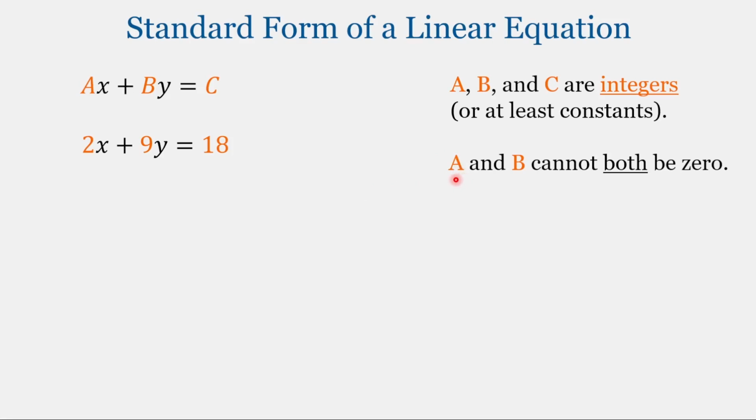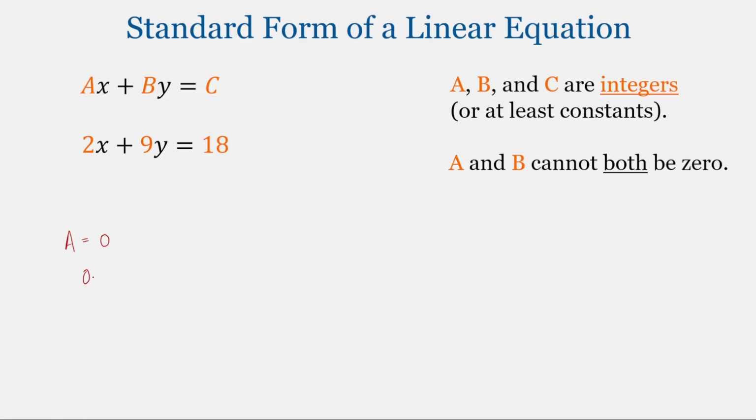Another thing with standard form is that A and B cannot both be 0. So let's set A equal to 0. With this equation, 2x plus 9y equal to 18, I'm going to make A 0 instead of 2.